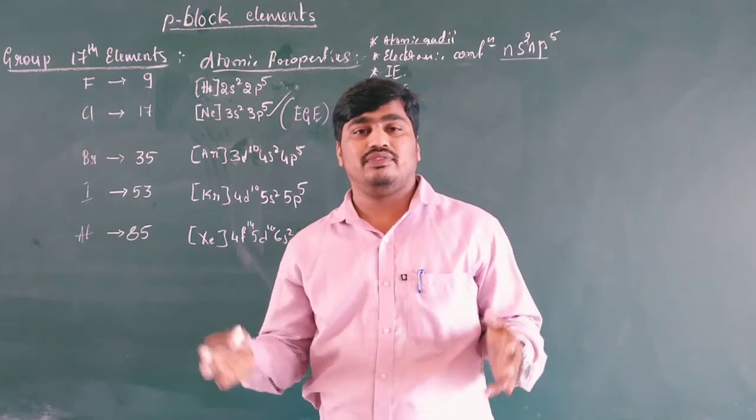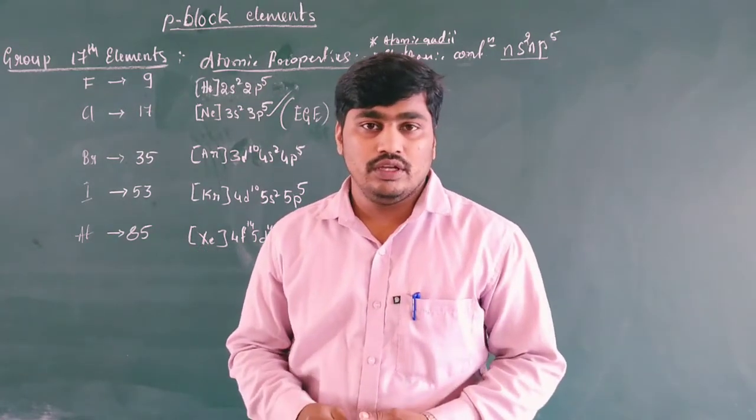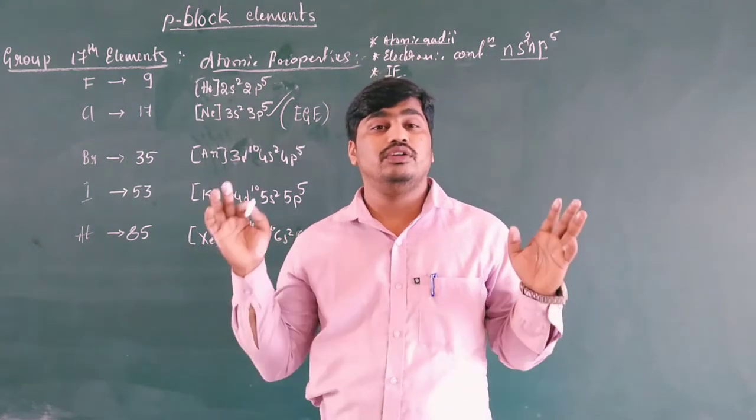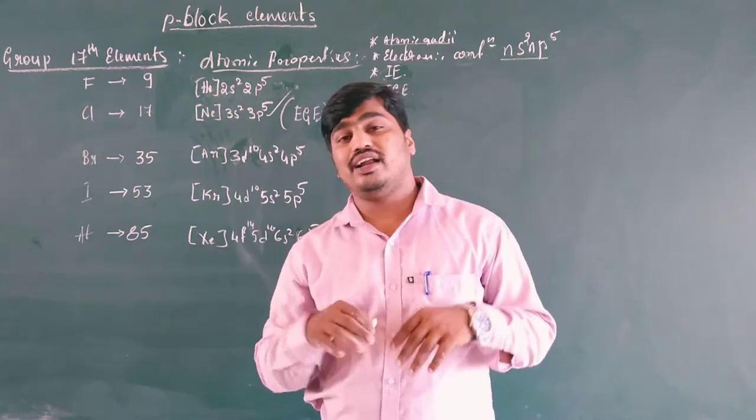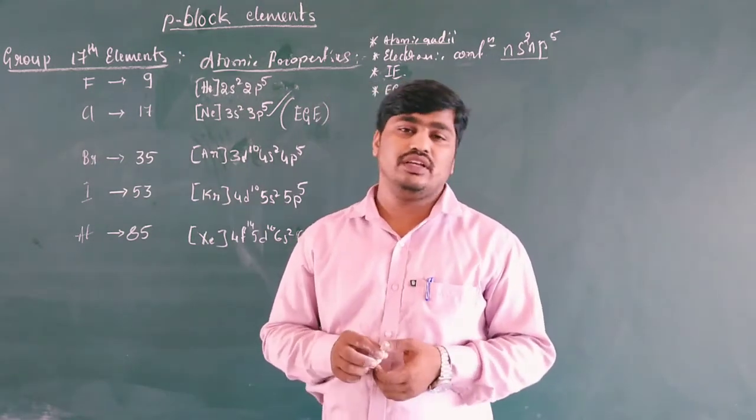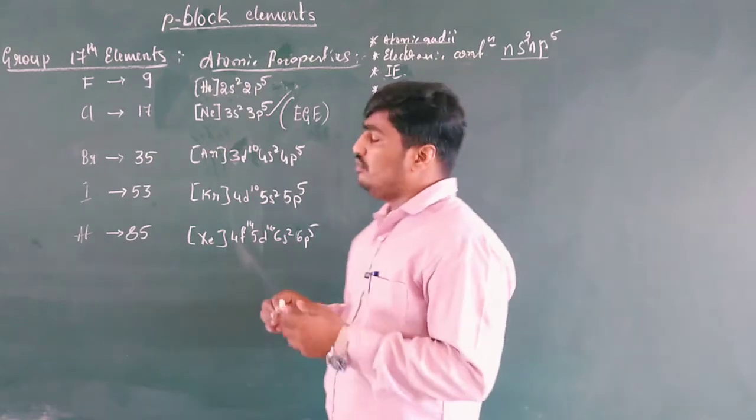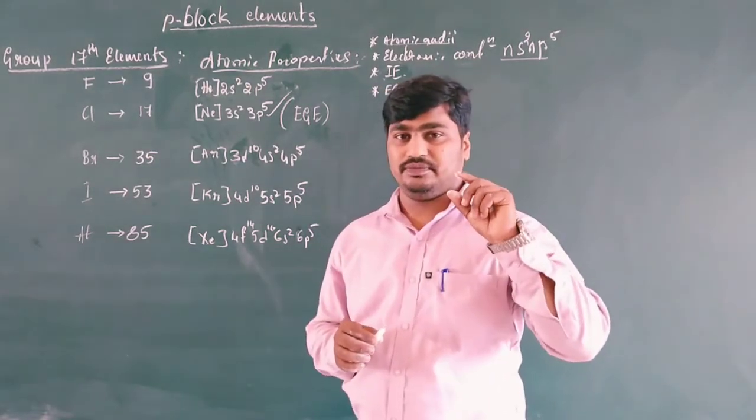According to the concept of electron gain enthalpy, fluorine should show more electron gain enthalpy, but it does not. What is the reason? Fluorine has a very small size.